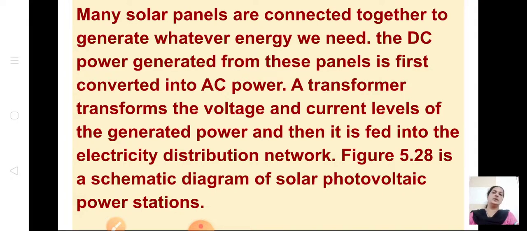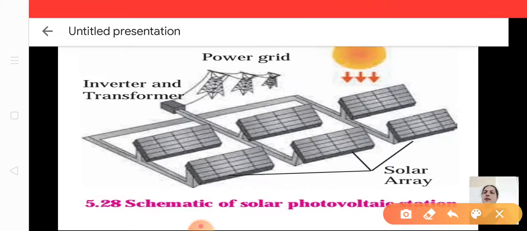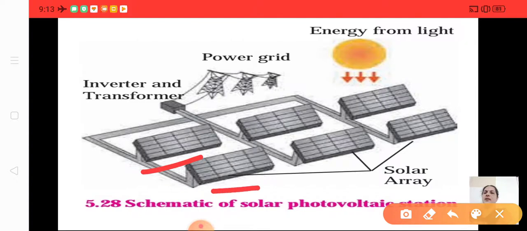This shows how power stations are made using the photovoltaic cell. You can see many panels kept here like this. Arrays are connected in series. From here, an inverter and transformer are kept that will convert the energy.